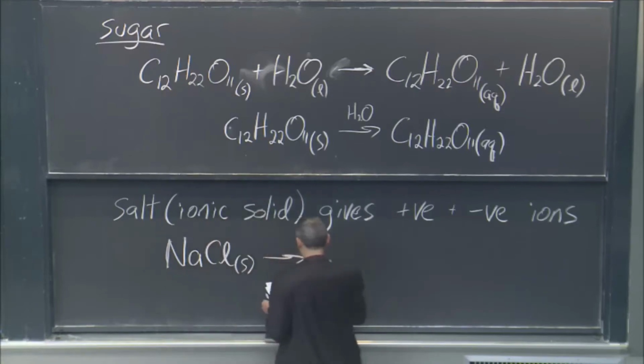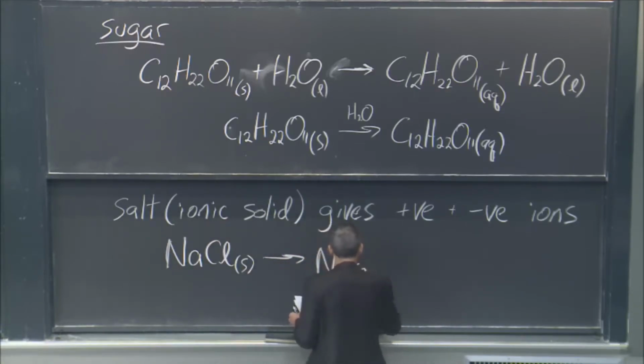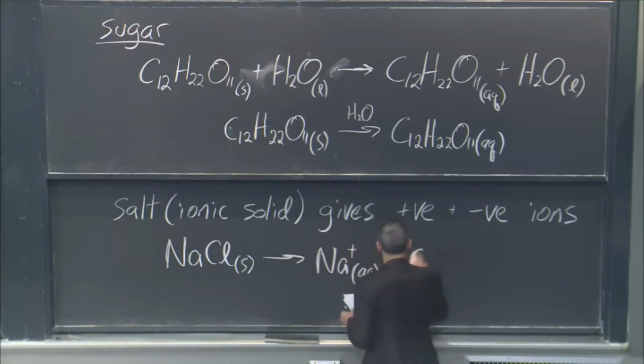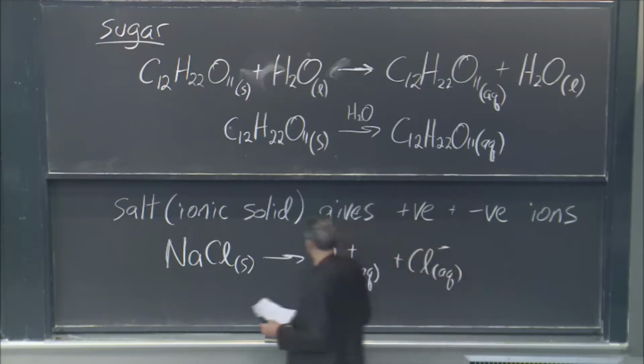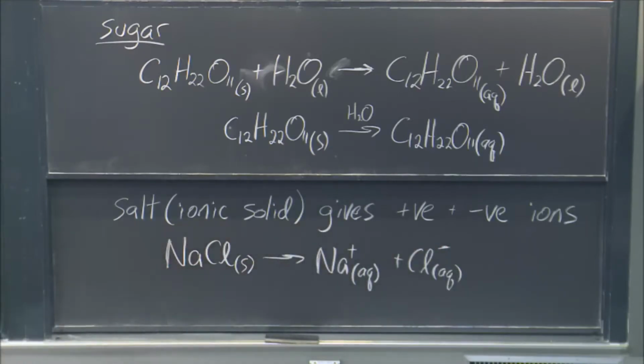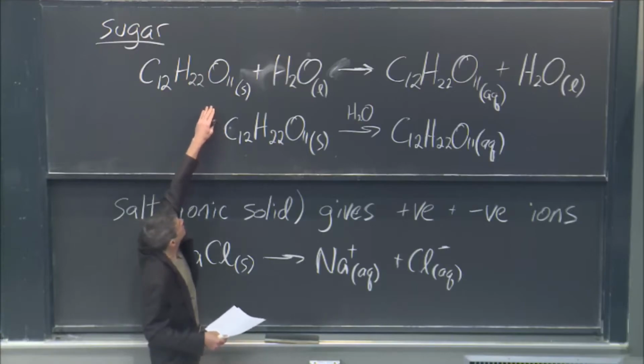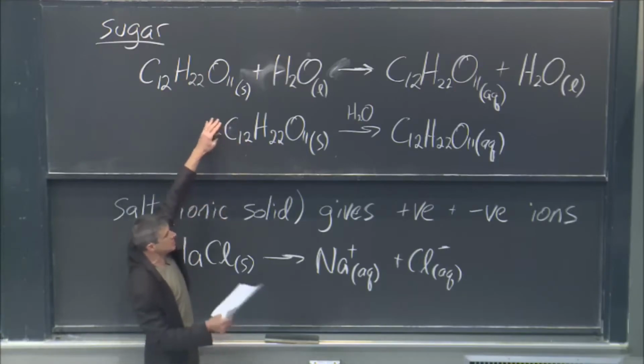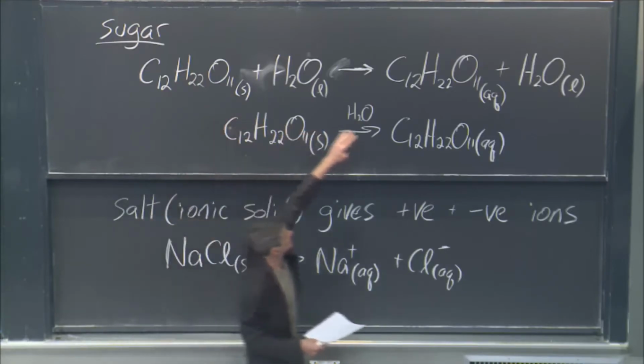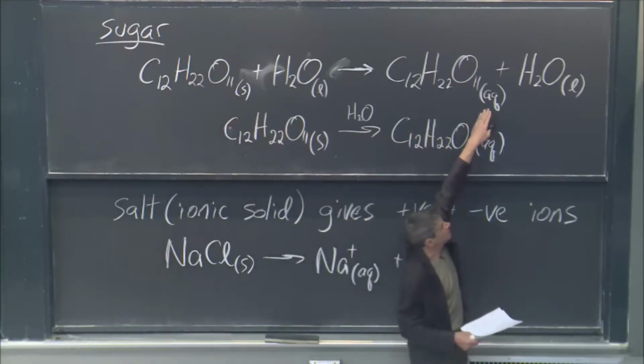We put it in water. That's going to go into ions. So I put that in water, and it's different in the sense that it doesn't break down into the molecules that made up the sugar. A particle of sugar has millions and millions of molecules in it. Now they dissociate. That's what the AQ means.